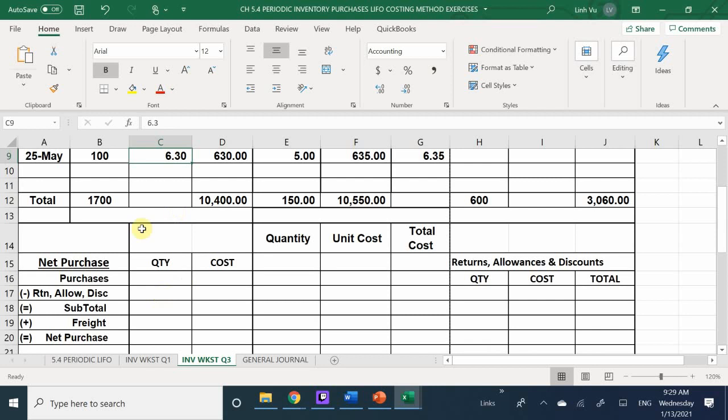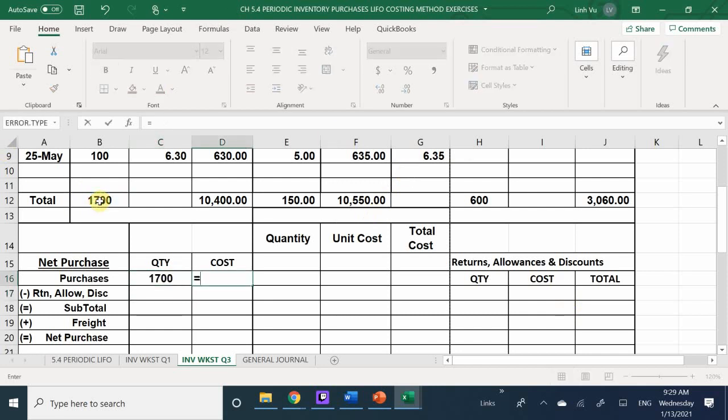Now we can go ahead and solve for this little bottom window down here. So in this case, what was my total purchases? It was for the 1,700 at my 10,400. They have no returns or allowances, so our number should reflect the same.